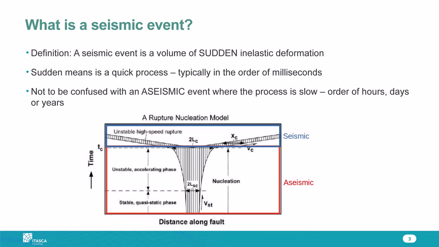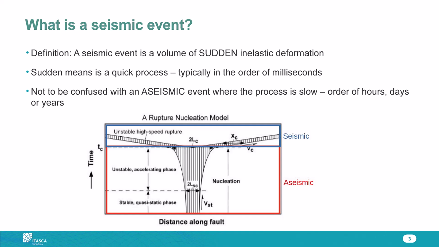The rupture starts very, very small, slowly from that point. Because it's so slow, it's considered to be the stable or quasi-static phase, and this time can be days, months, years. It's very, very slow, but it's still inelastic. It's still permanent deformation. It's just very slow deformation.